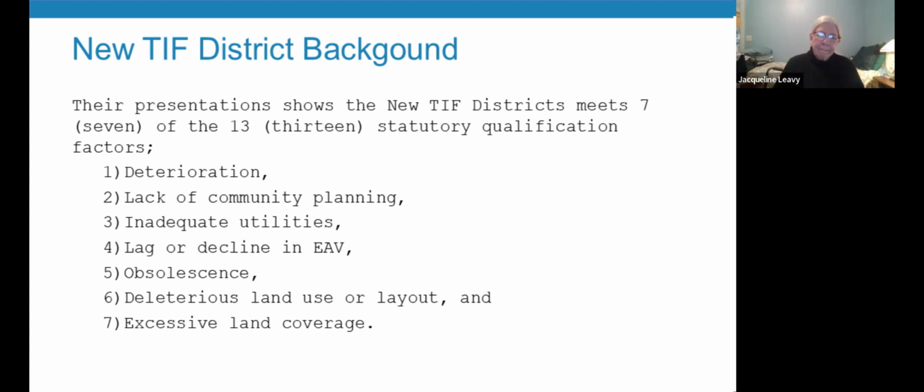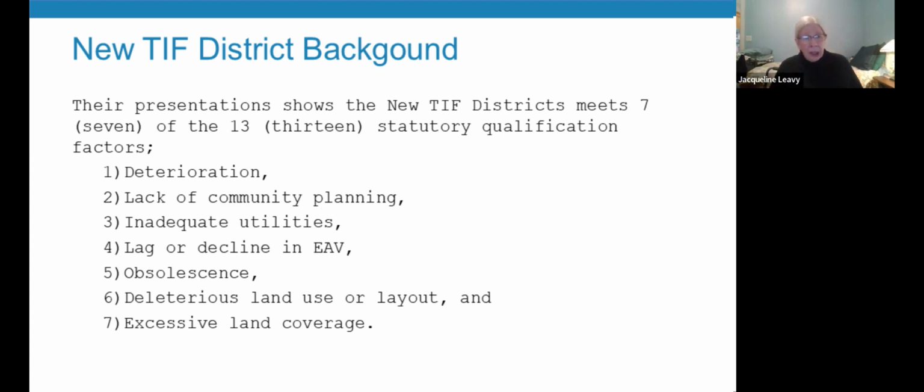And Ms. Leavy has a very special understanding of the qualifications of what statutorily it means to be a quote unquote conservation area, and the alternative that she's going to describe to us when it comes down to a blighted area.